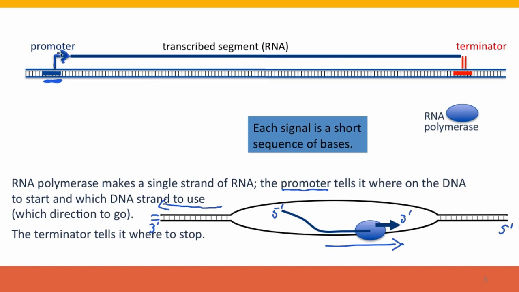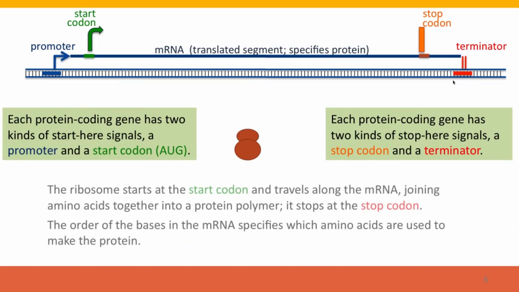And so a function of the promoter is not just to say start here, but to also say either start here and use the bottom strand, so you're going that way, or start here and use the top strand, so you're going this way. And again, the terminator tells RNA polymerase where to stop.